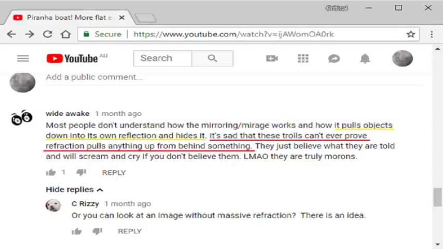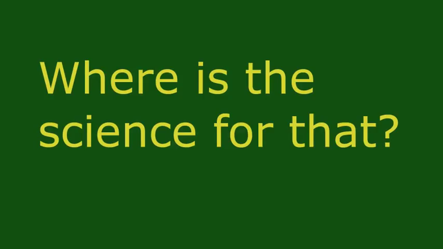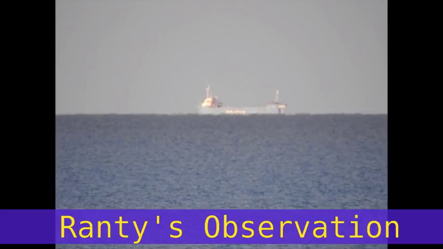Now, I'm not sure how that's supposed to work, and sure, that's a very interesting explanation. There seems to be no other explanation other than some mirror layer pulls objects down. I'm not sure how it does that because there's no science for that. So I'm going to play a little bit of video here now.